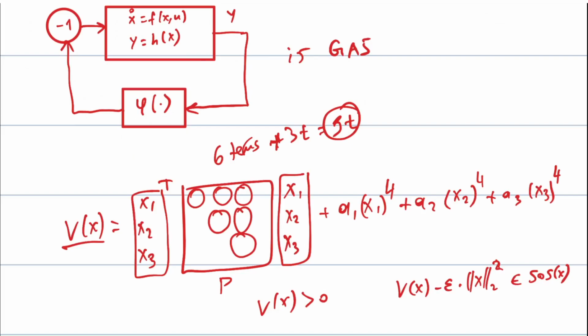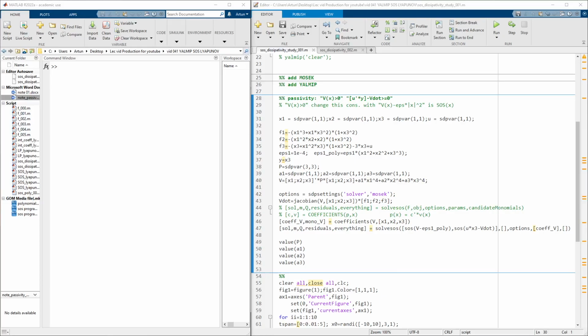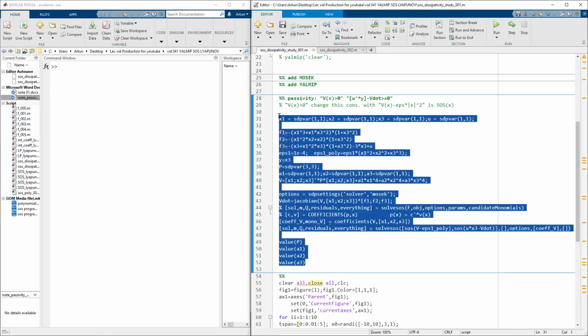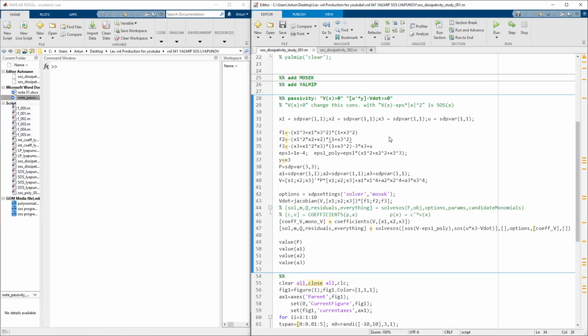Let's get back to MATLAB. We are going to run this code, the code you just looked at. It's about 15 lines of code, and you can download it. It is called SOS Dissipation Study 001.m. You can download it using the link given in the description and the GitHub page. Let's run it.